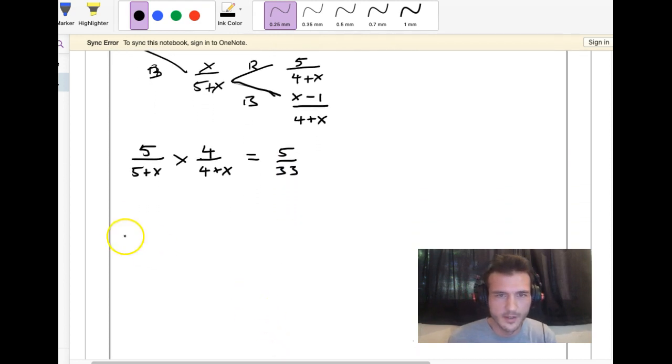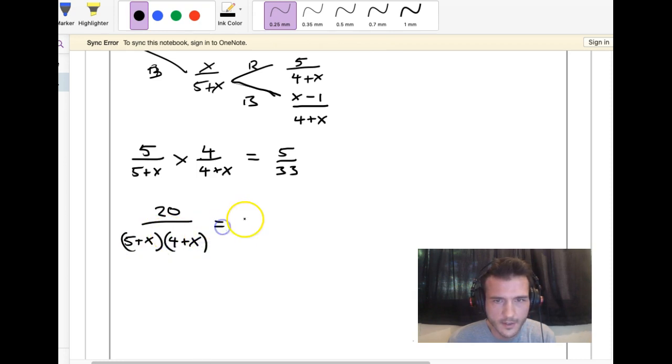So we can times the 5 and the 4 to make 20. So we've got 20 over 5 plus X times 4 plus X equals 5 over 33.